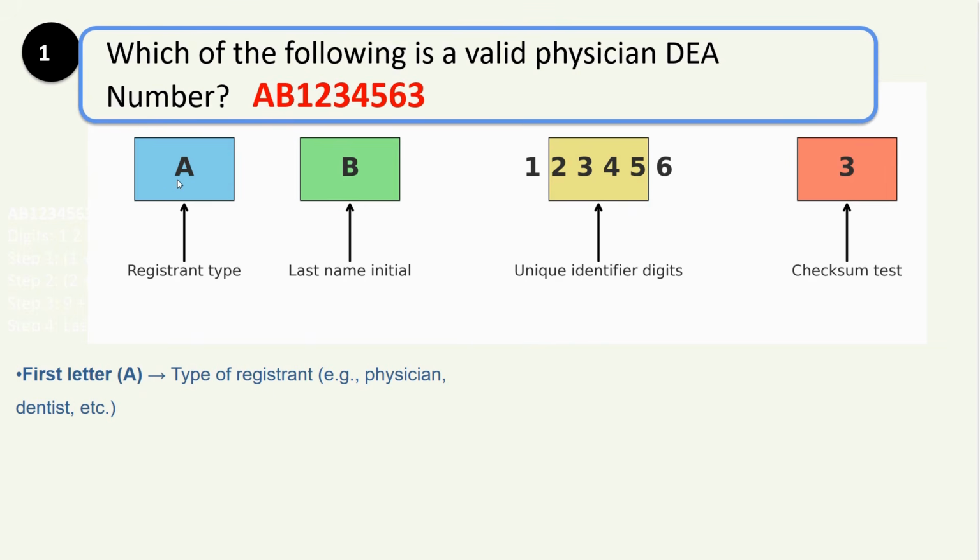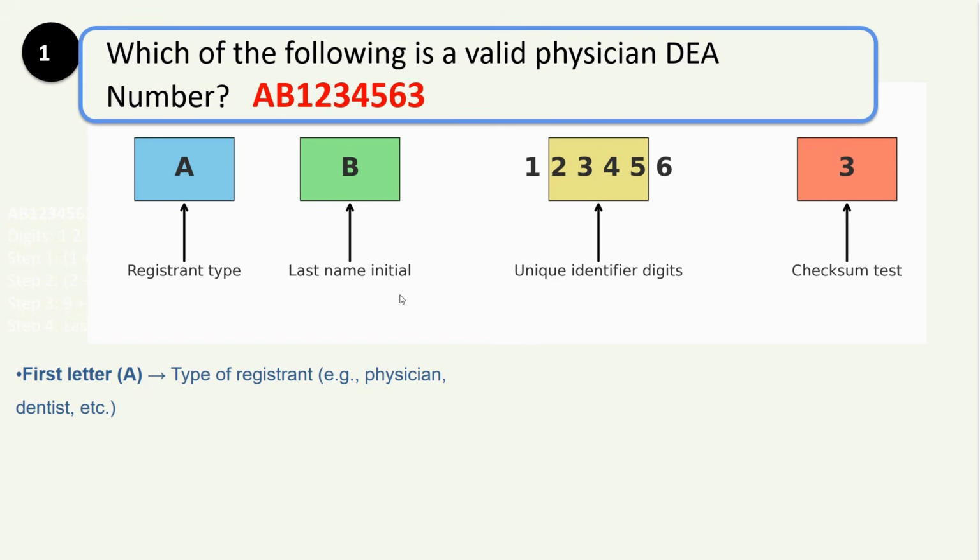Who are those healthcare professionals? The designation goes with the first letter, and a physician will have A. Then the next letter, letter B in this case, is the first letter of the physician's last name.